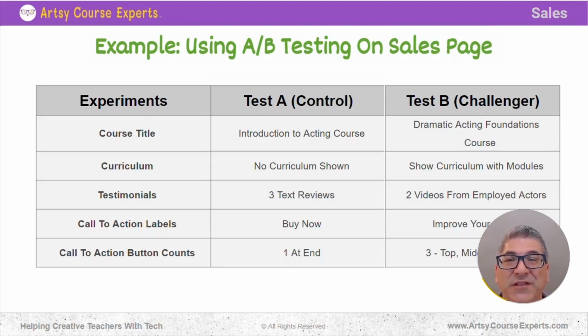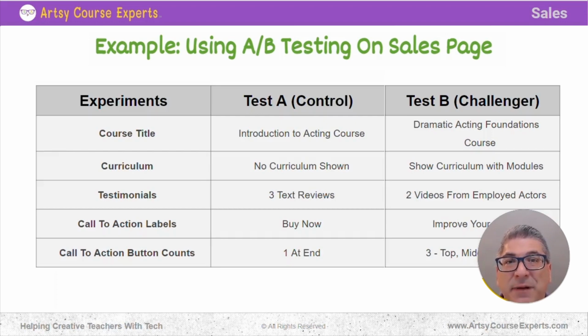Another thing that you can do is to increase the number of buy buttons on your sales page. These are the call to action buttons. So maybe by default, your sales page has one button, buy now. But you're going to go ahead and try 3 buttons. One at the very top when they first land on your page, hey, you're ready, buy now, if this is what you want. And if not, they might scroll and look at your other pieces of content, your features, your benefits, your curriculum, and maybe at that point, after seeing your curriculum, they're ready to buy.